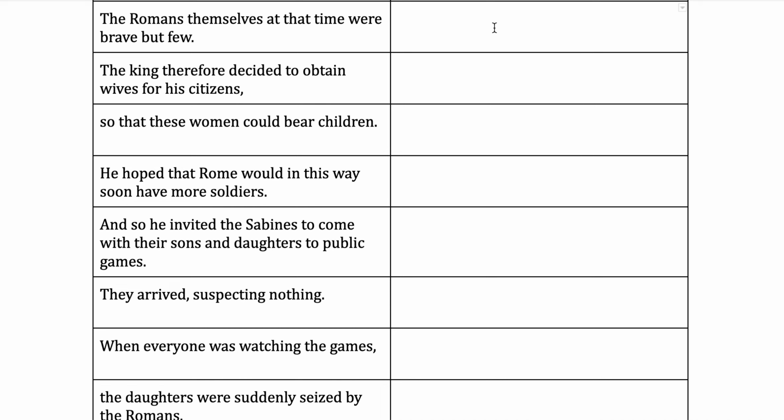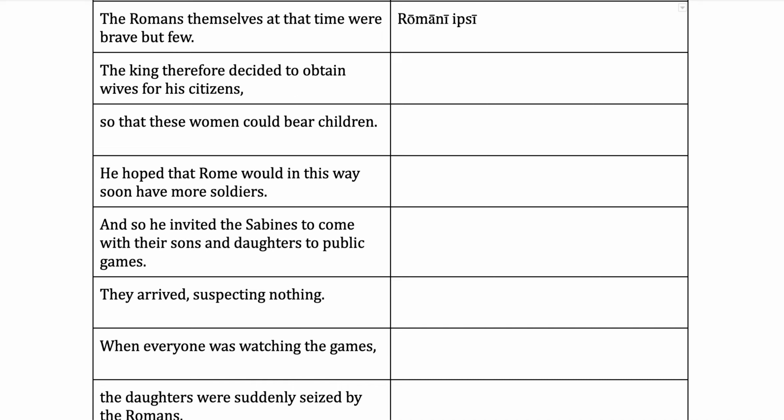And then in the next sentence, the Romans themselves. Okay, so Roman is Romanus, and here we want it in the plural, so Romani. And then himself is ipse, although again it has to be plural, so ipsi. Now at that time, there are two ways of doing this in Latin. Let's use the first one first, so let's just use at that time.